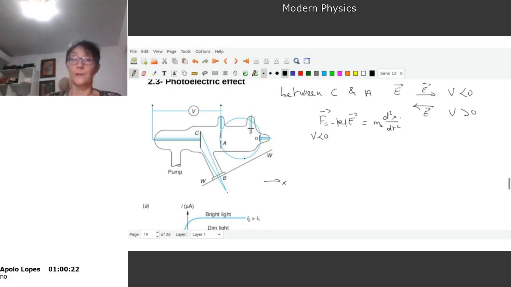And so if V is negative, and so E is negative, you have E like that, so you will have d2x over dt2 which will be negative. So the velocity of the electrons will decrease. They are emitted and the velocity is decreased.